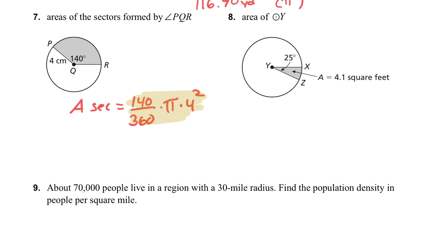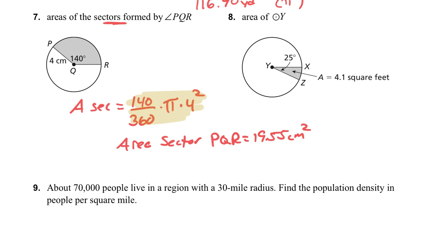I'm going to put that entire thing in my calculator, and I get the area of my sector. So the area of that sector that's shaded in gray, which is PQR, is equal to 19.55 centimeters squared.